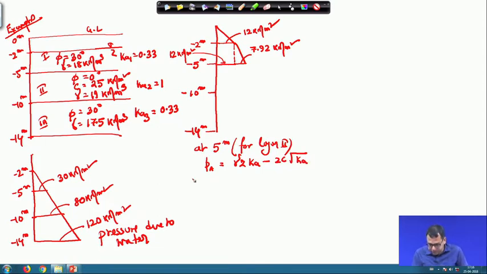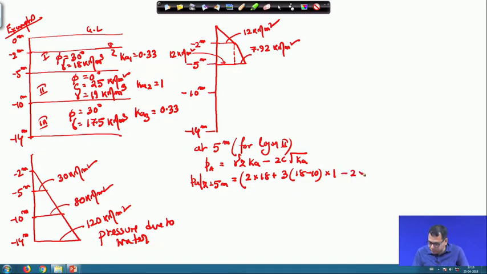So, Pa at z equal to 5 meter for that soil: gamma z is 2 into 18 plus 3 into 18 minus 10, and Ka for this layer, Ka2, is equal to 1.